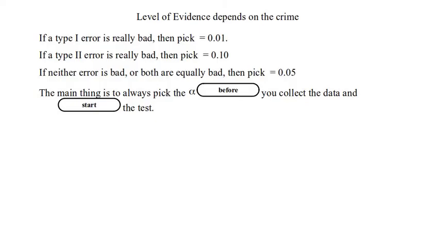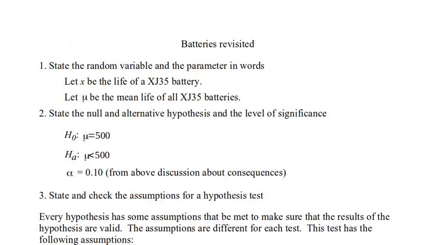So in this case, if the batteries are for a very important application and their failure is very bad, then we'd say that we wanted to represent with our choice of alpha that a type 2 error is bad. So we're going to choose 10% for our alpha, assuming that these batteries are really important.